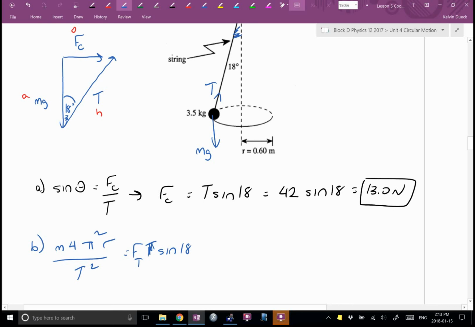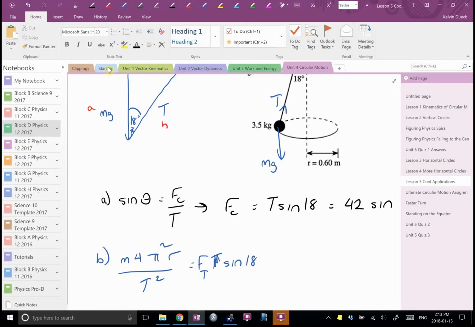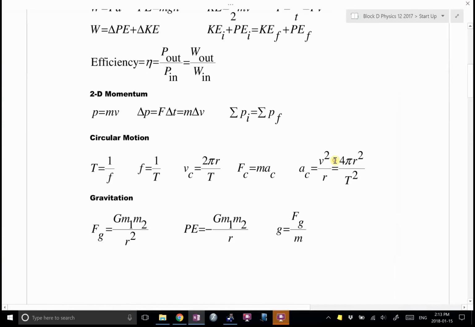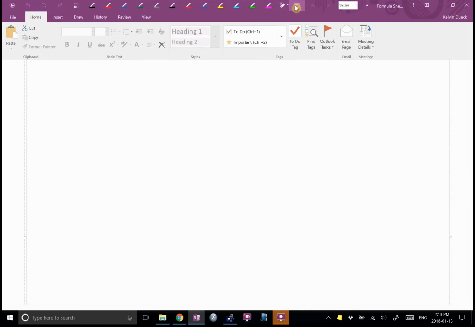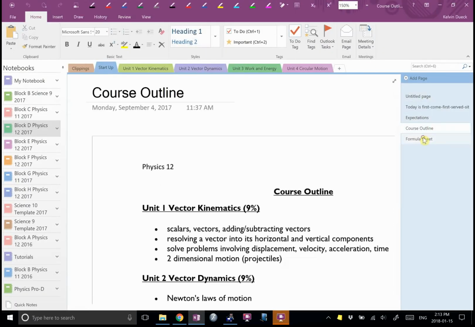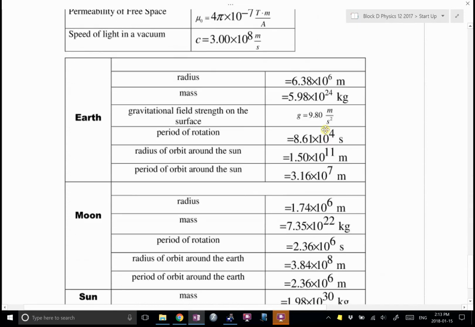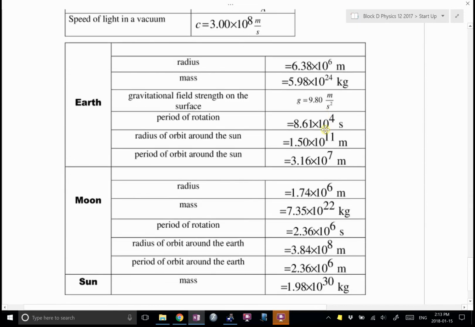That also reminds me, somebody pointed out today, I think Rick or Mitra, there's a mistake on my formula sheet, good gosh. I suddenly realized that on the back page, when we're looking at the different planets, I have the period of the orbit around the sun, that should be seconds, and the period of the orbit around the Earth, that should be seconds.